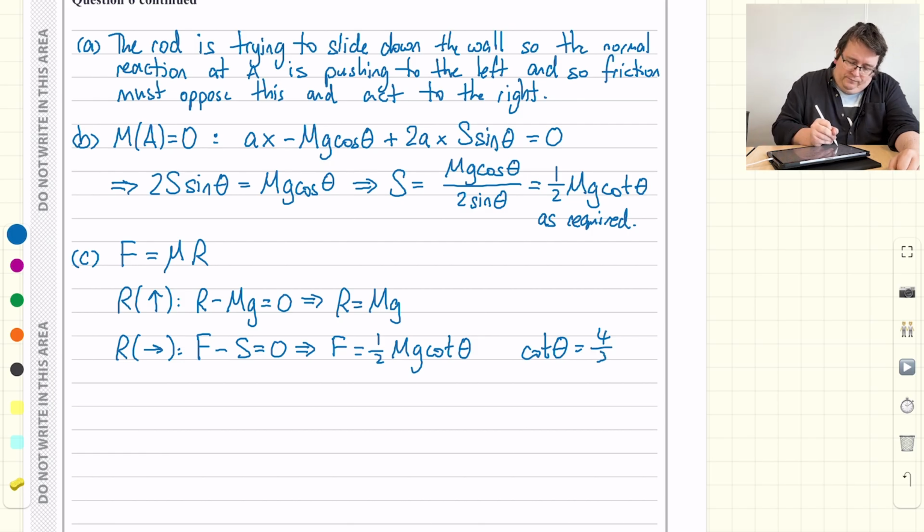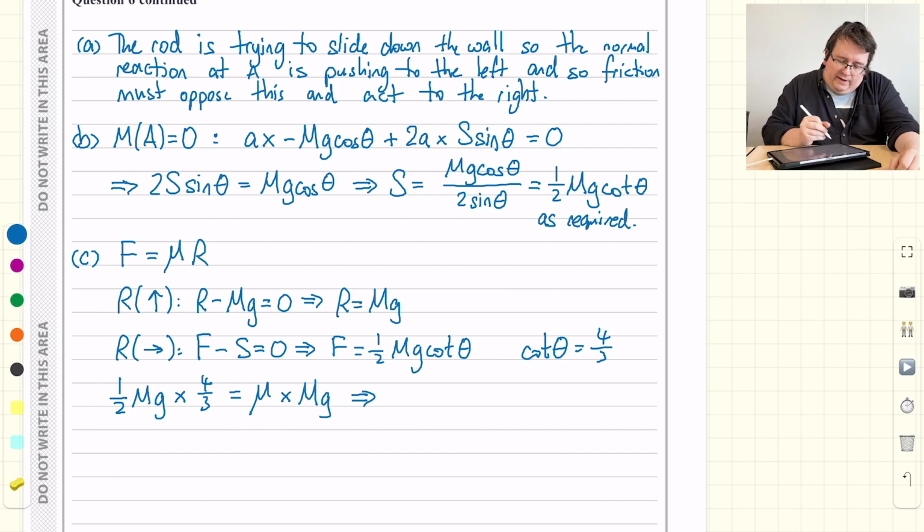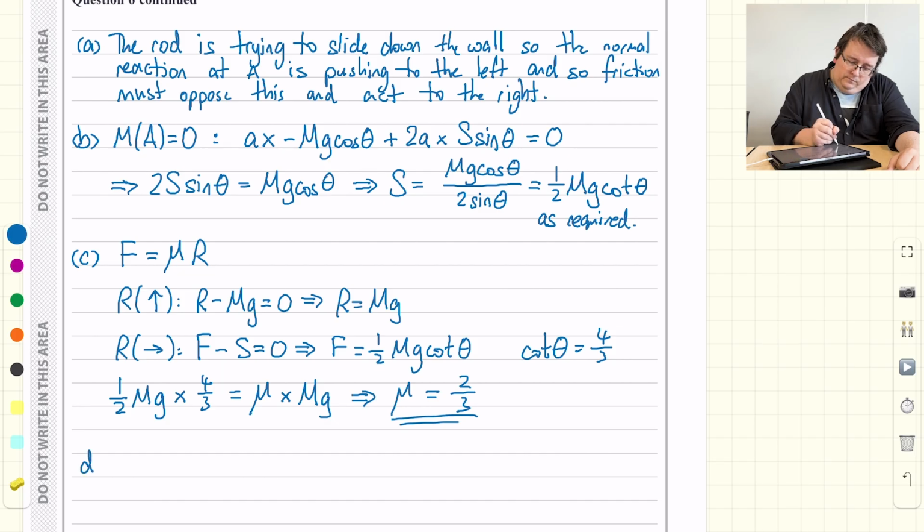So our friction is 1/2 mg times 4/3, and that's equal to mu times R, which is mg. So the mg's can cancel, and we've got the half times 4/3, meaning that mu must be 2/3.